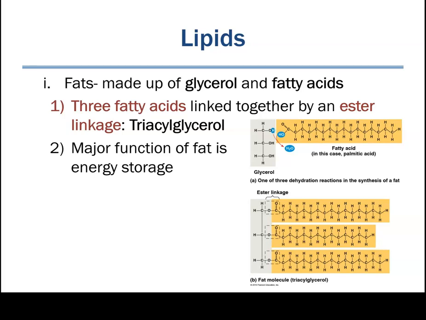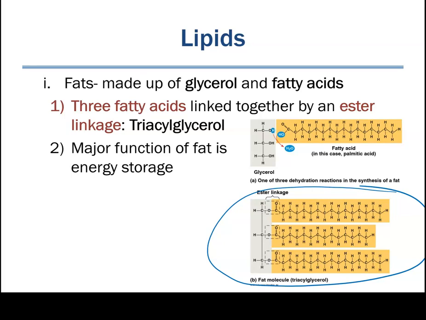So on the bottom here, we have a fat molecule, also called a triacylglycerol. That molecule there is one single molecule. That's the whole thing. Very different than our carbohydrate, and as you'll see in a few minutes, very different from our proteins.